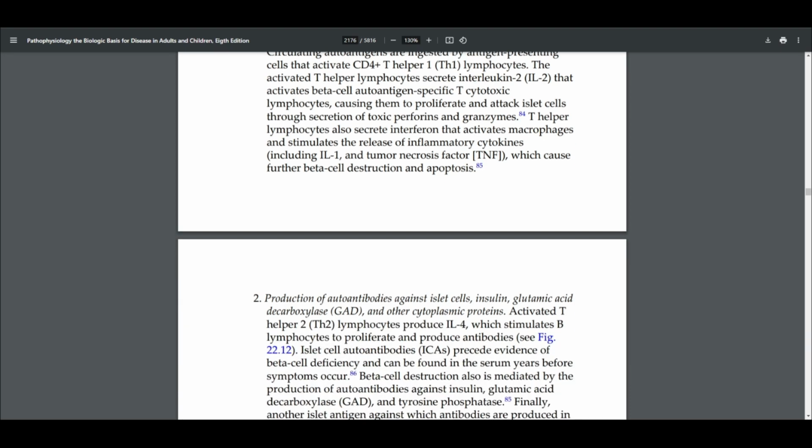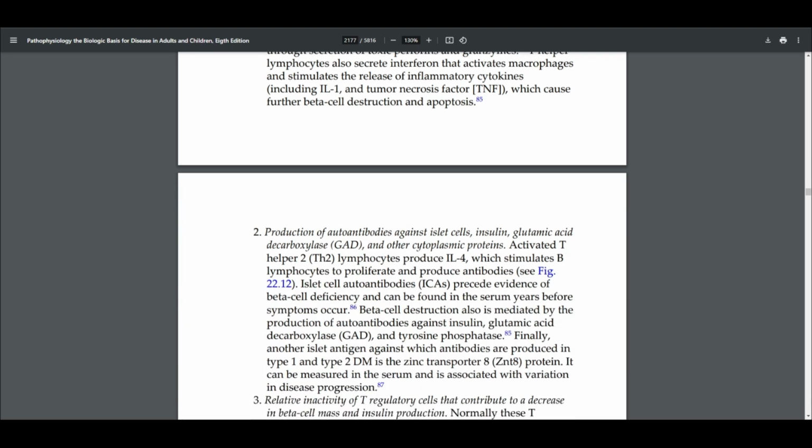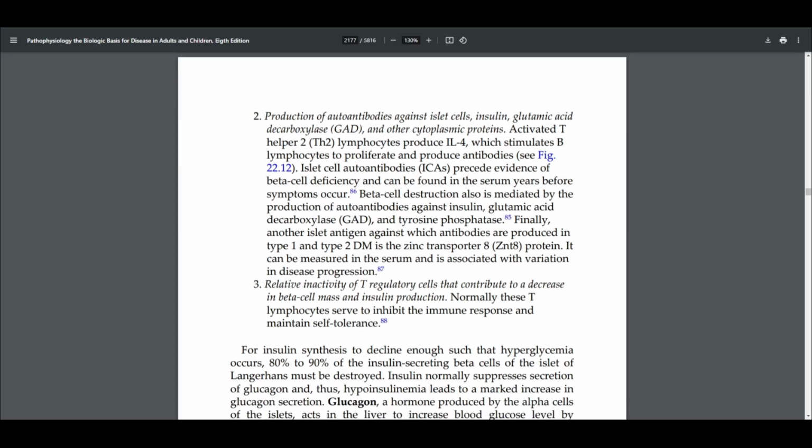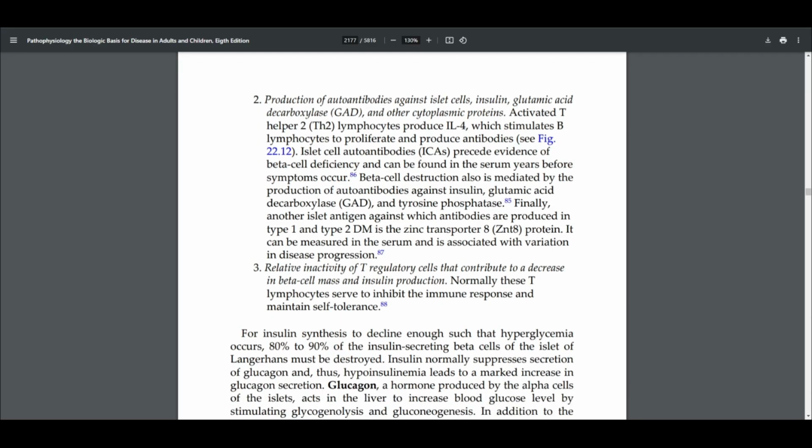Then stage 2 kicks in, the production of autoantibodies against islet cells, insulin, glutamic acid decarboxylase, and other cytoplasmic proteins. Activated T helper 2 lymphocytes produce interleukin 4, which stimulates B lymphocytes to proliferate and produce antibodies.